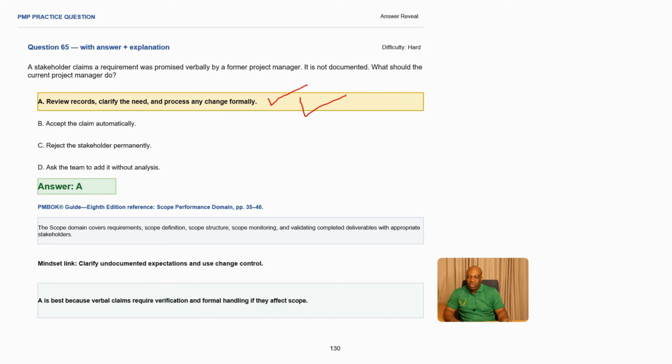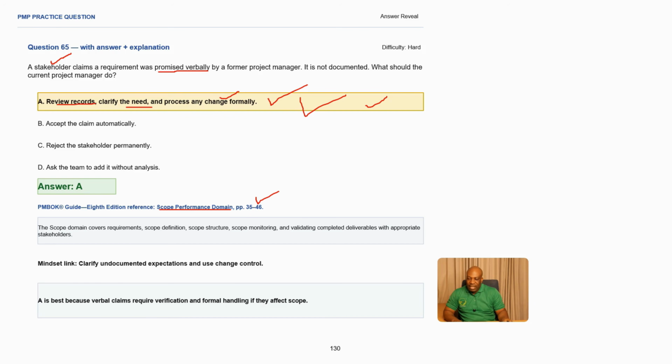So you need to review the records, clarify the need with the stakeholder, and also process any change formally. In case this change is going to be implemented, it was done verbally previously, but it has to be formally documented, which is part of the A answer. And what is our reference? The PMBOK Guide, scope performance domain, pages 36 to 46.